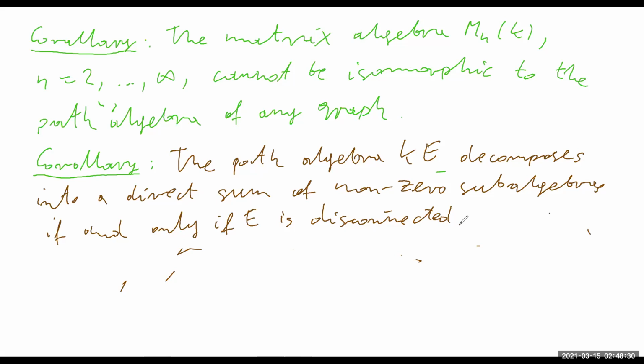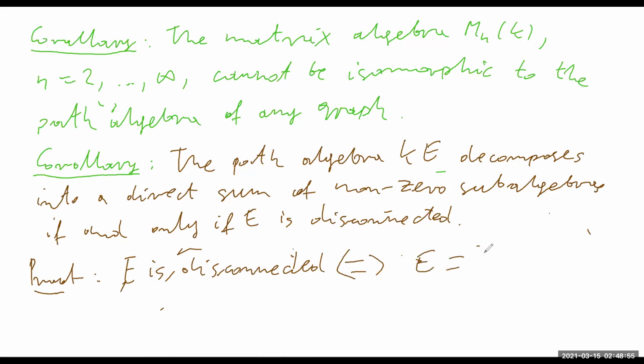And then we have a lemma, which was proven, I think, by Davide. So maybe I'll write proof. E is disconnected if and only if E decomposes into the disjoint union of its subgraphs. Okay.